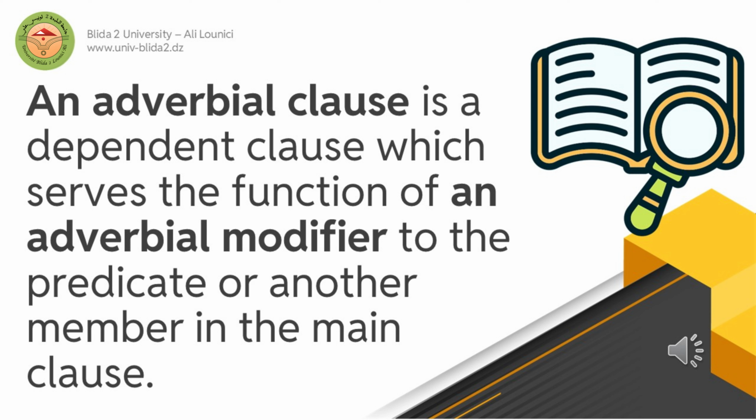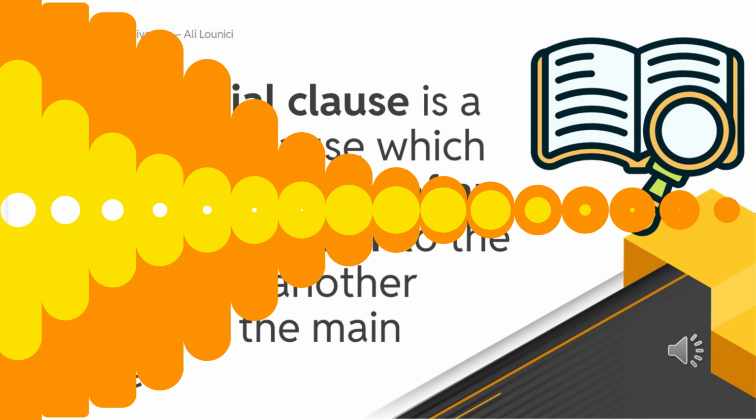An adverbial clause, then, is a dependent clause that modifies a verb, an adjective, or another adverb in the main clause. That means it gives us extra information about the action: when it happened, why it happened, or under what condition.